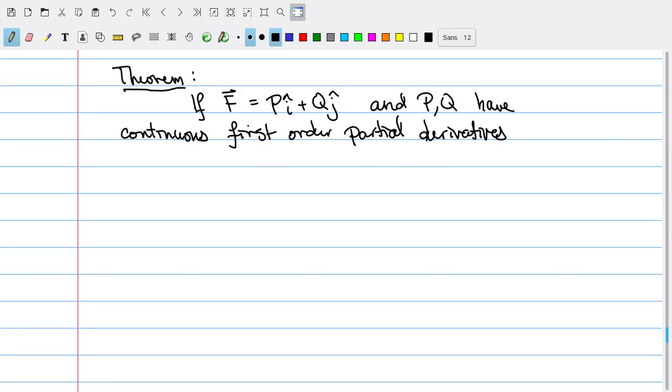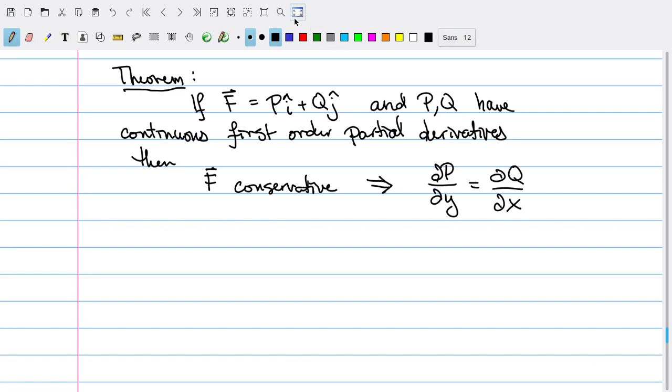Let's summarize that with a theorem. If F is Pi plus Qj, and P and Q have continuous first-order partial derivatives, then if F is conservative, we already showed partial P partial y equals partial Q partial x.